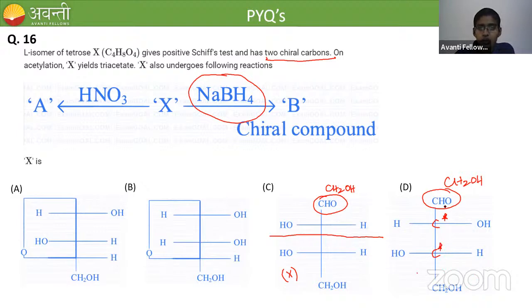And X also undergoes oxidation with HNO3. This is your reduction, and the HNO3 reaction is oxidation. On oxidation, it forms A, which is saccharic acid. So the correct option would be D, and I'll show you the complete reactions.